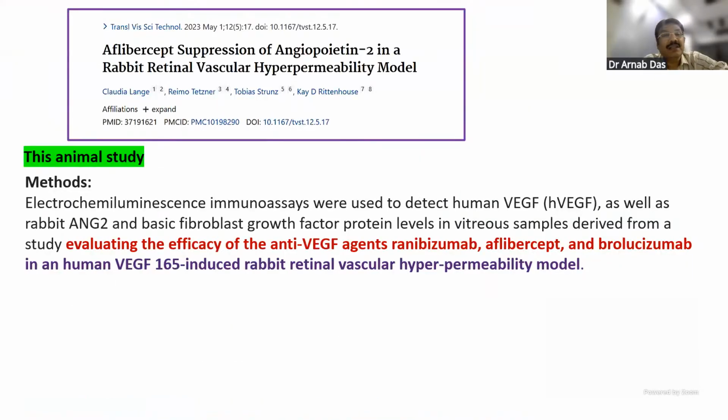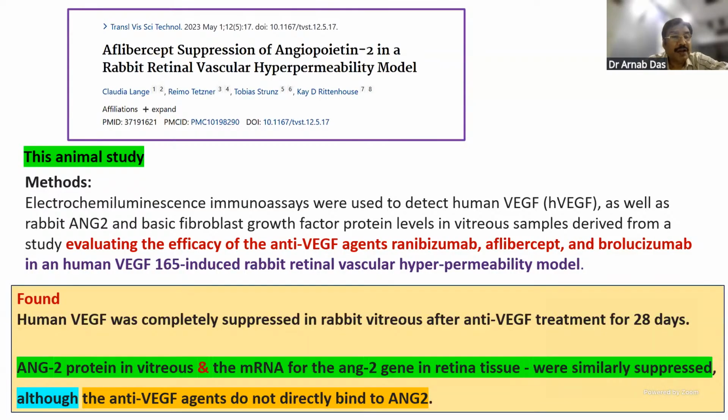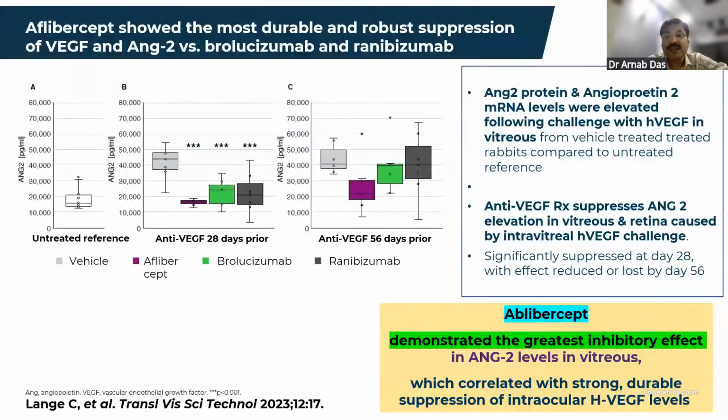This animal study evaluated the efficacy of anti-VEGF agents ranibizumab, aflibercept, and conbercept in a human VEGF 165-induced rabbit retinal vascular hyperpermeability model. It found that human VEGF was completely suppressed in rabbit vitreous after anti-VEGF treatment for 28 days, and angiopoietin 2 protein in vitreous and mRNA for the angiopoietin 2 gene in the retinal tissue was similarly suppressed, although anti-VEGF agents do not directly bind to angiopoietin 2.